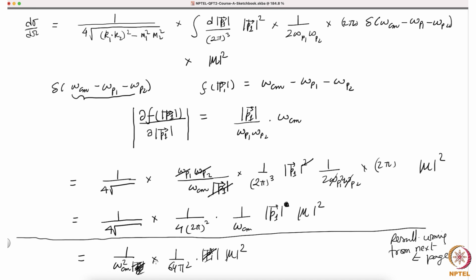Okay, so you get 1 over 64 pi square, 1 over omega center of mass square times mod m square. That's d sigma over d omega. Okay, for a two body final state, when you are looking at it in the center of mass frame.